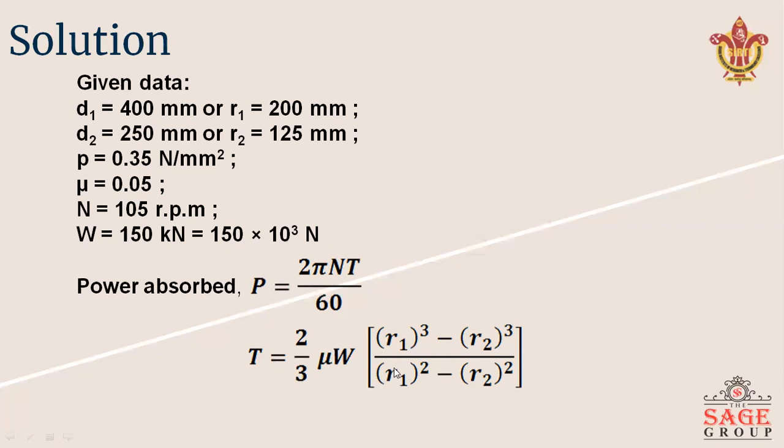Now we substitute the values of mu, W, R1 and R2 from the given data, and then we will have the value of the frictional torque T.